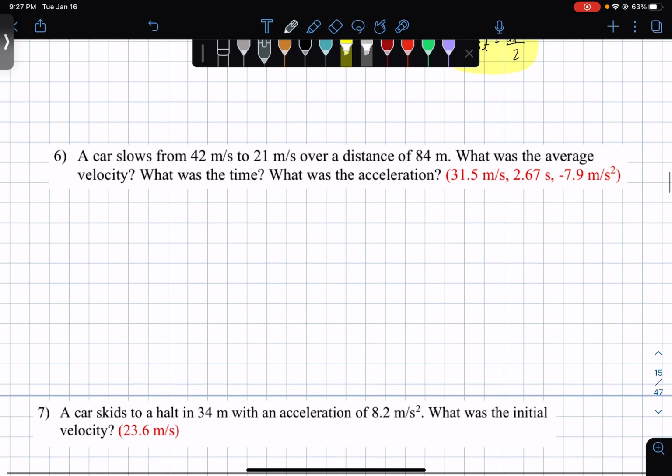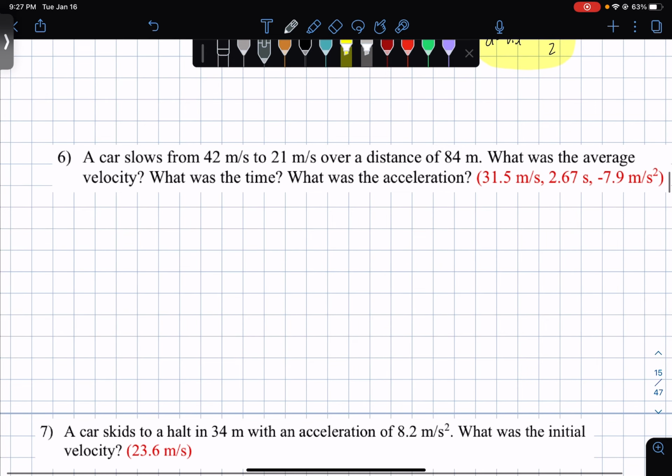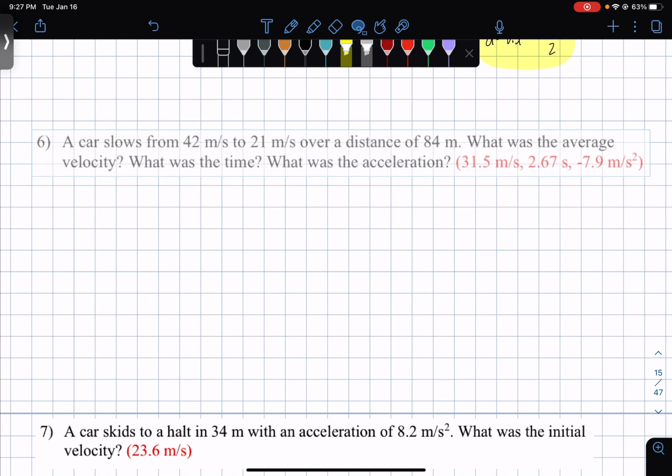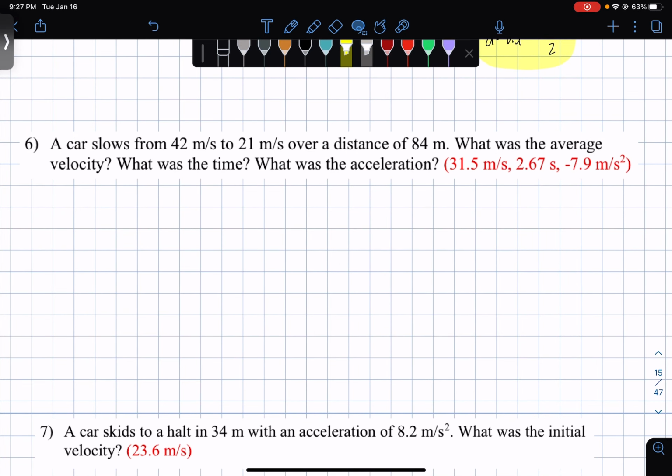A car slows from 42 to 21 over a distance of 84. So we're looking for the average velocity, the time, and the acceleration.